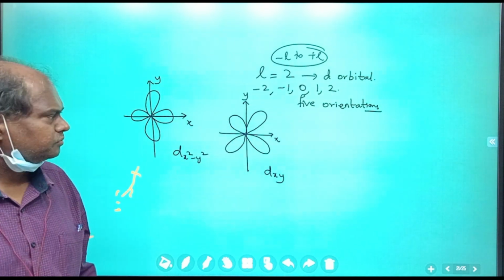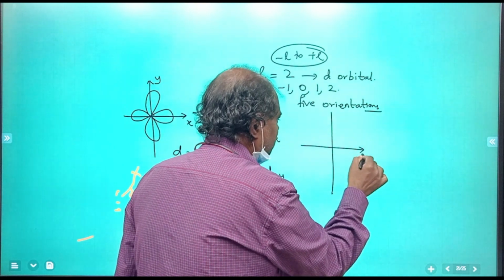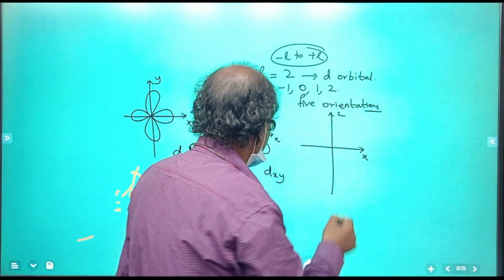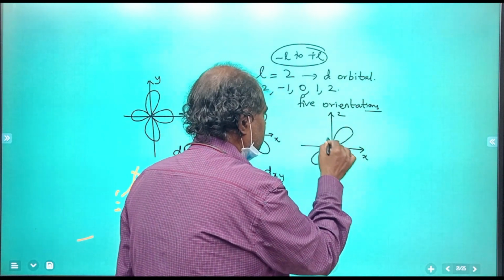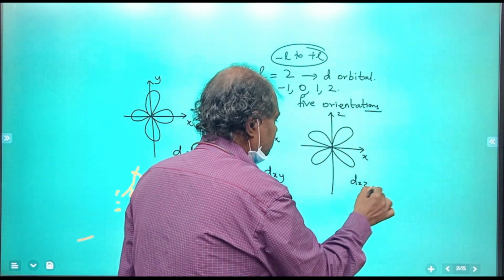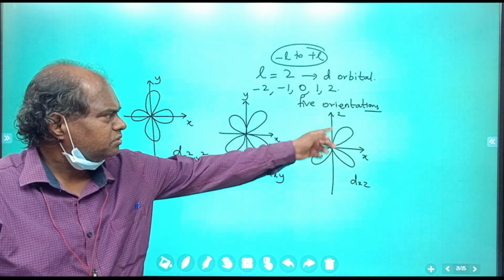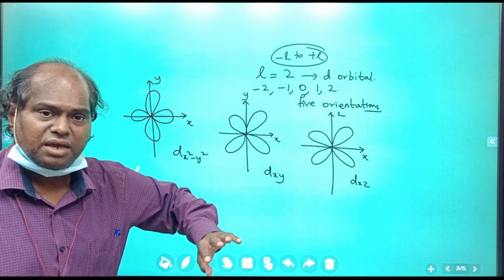Between x and y. Same way you can draw between x and z also. Suppose you take the z axis, right? Then you can draw like this. So this will be called dxz. Between x and z, between x and y. xy between x and y, xz between x and z.